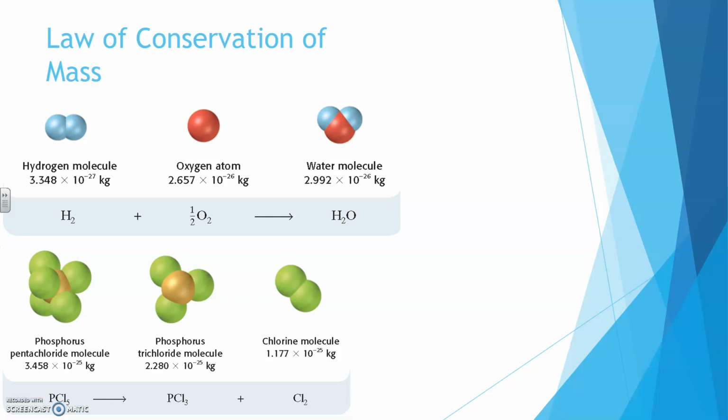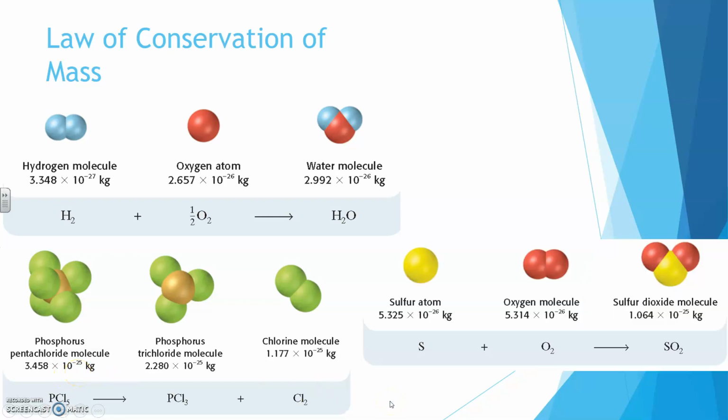If you look, the sum of the masses of the phosphorus trichloride molecule and the chlorine molecule equals the mass of the phosphorus pentachloride. And then one final example: we have sulfur and oxygen combining to form sulfur dioxide. You add the mass of the sulfur to the mass of the 2 oxygen atoms, and you get the mass of the sulfur dioxide molecule.